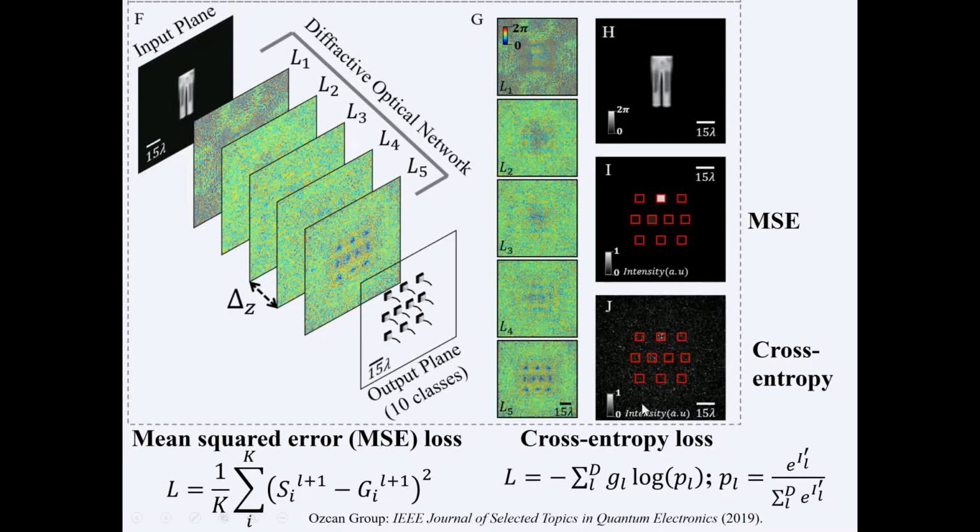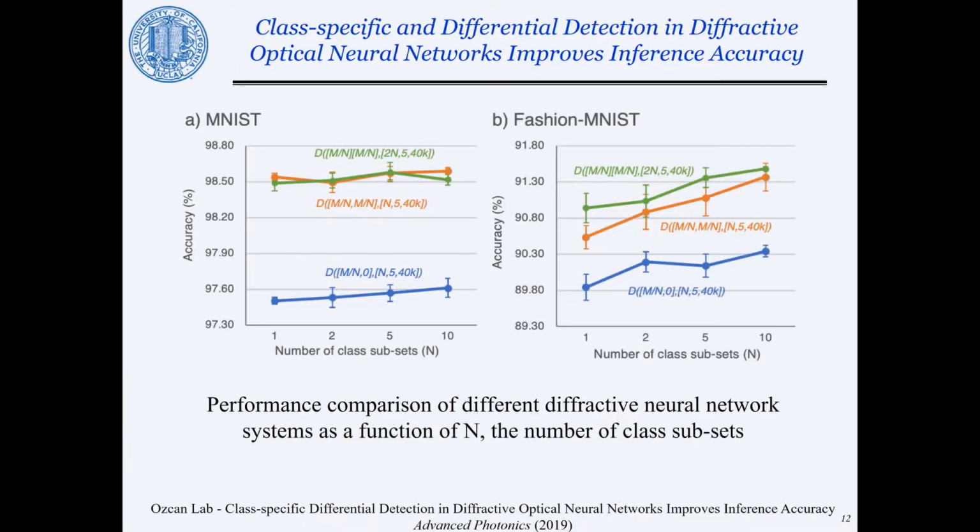But for classification purposes, you can actually switch the training loss function to cross-entropy loss, and that actually changes the game. It outputs speckle-like patterns, but the same rule applies. Most of the photons irregularly fill the correct detector, so you can actually improve your classification accuracy with a better loss function for classification.